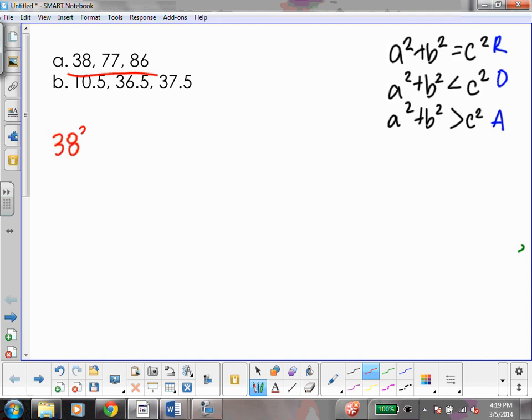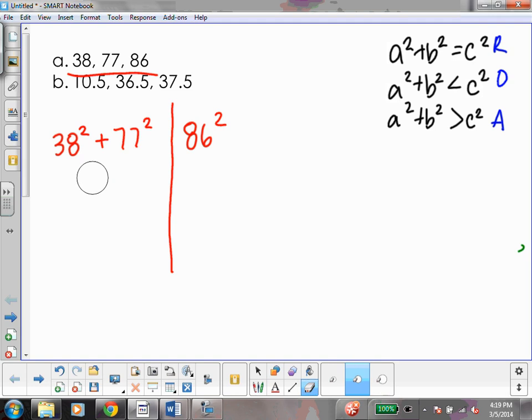This could be a Pythagorean triple. I'm not sure. But I know that the longest side of the triangle would have to be the 86. I'm going to create a wall here. First, I'll find the sum of 38 squared and 77 squared. 38 squared is 1,444.